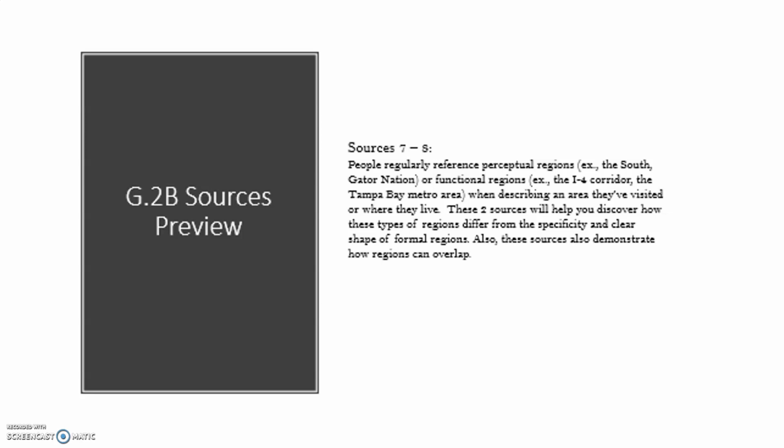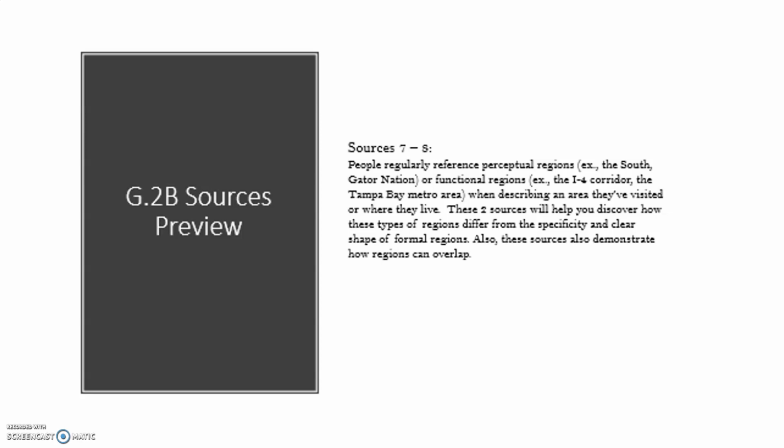We're going to look at sources 7 and 8, which are about those 3 types of regions. Most people, when describing an area that they visited or where they live, use perceptual regions, like "I live in the South" or "I'm part of the Gator Nation," or functional regions, those nodal regions, like the I-4 corridor or the Tampa Bay metro area.